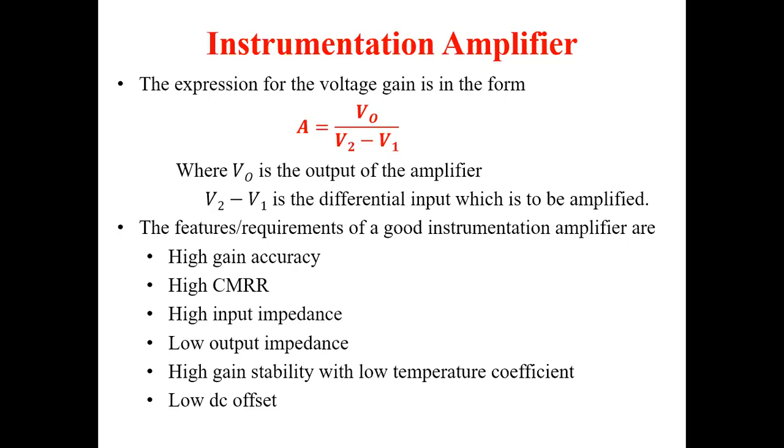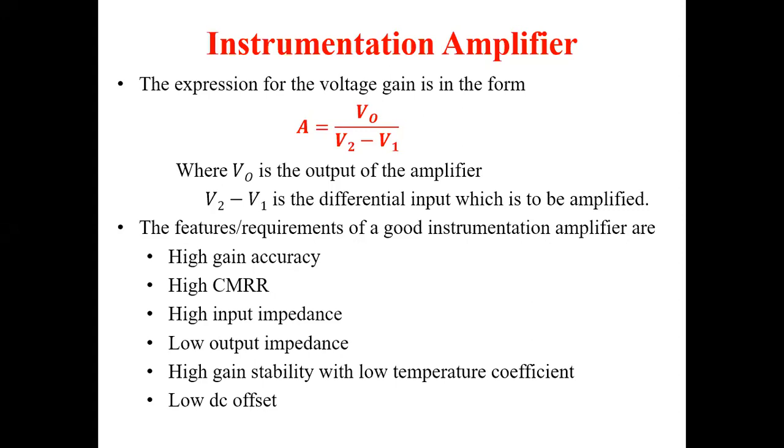The features or requirements are high gain accuracy: the gain of the instrumentation amplifier is very high and accurate. It also has high CMRR. We know that CMRR stands for common mode rejection ratio. The lesser the value of common mode gain, that is, the higher the CMRR, the better the performance of the amplifier.